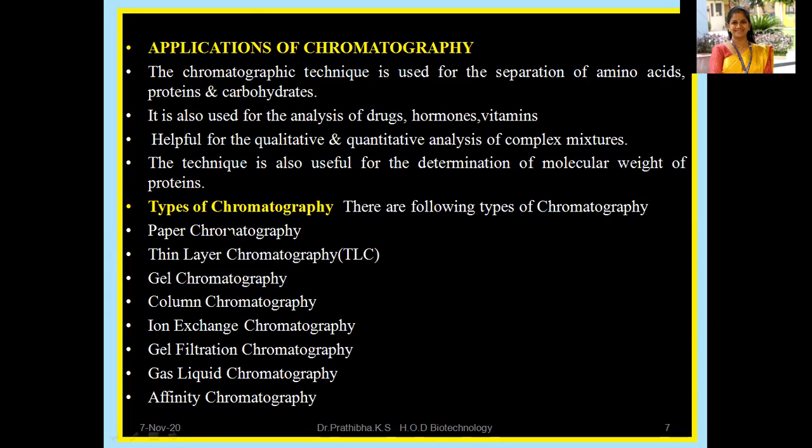Now let us go through the types of chromatography. Pay attention here. During viva you may be asked what the different types of chromatography are, or you may get 2 marks questions. There are the following types: paper chromatography, thin layer chromatography (TLC), gel chromatography, column chromatography, ion exchange chromatography, gel filtration chromatography, gas liquid chromatography, affinity chromatography.